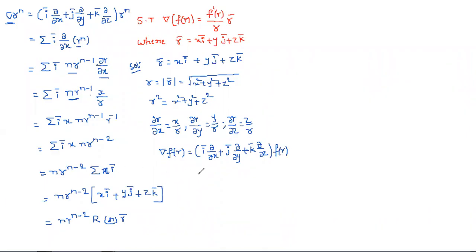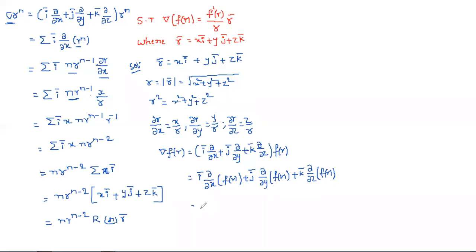So you can multiply f of r inside the terms, then I into dou by dou x of f of r plus j into dou by dou y of f of r plus k into dou by dou z of f of r.